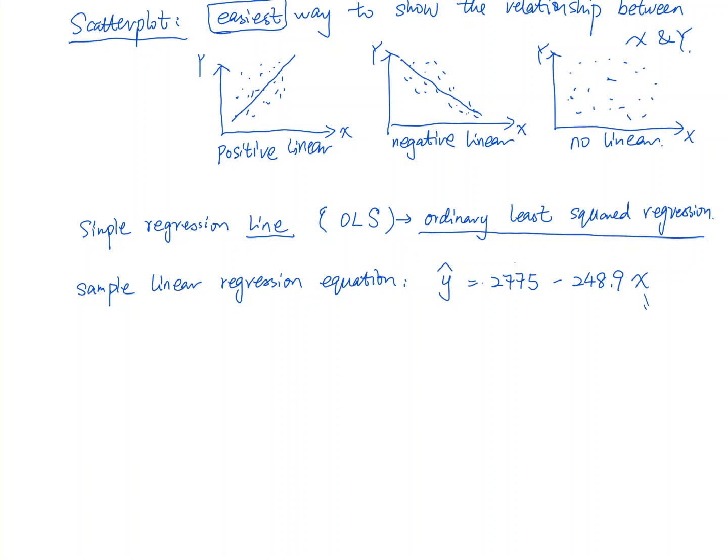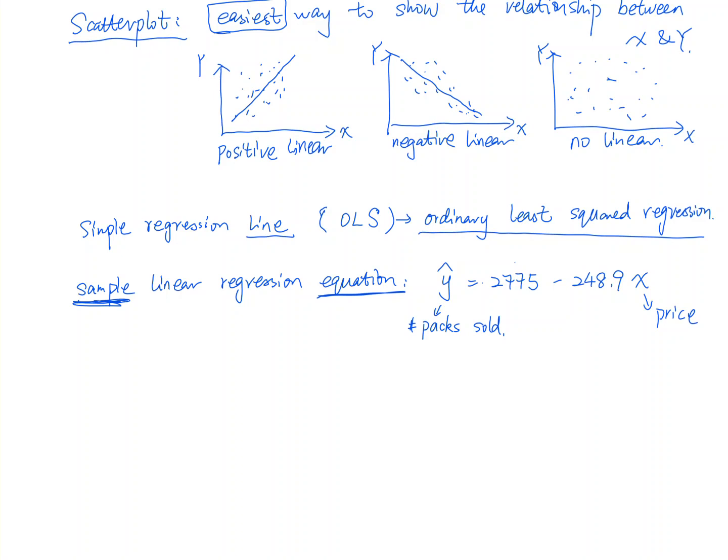So here x is the price, right? Y hat is the predicted value of y, which is the number of packs sold, right? Alright, so we call it the simple linear equation.